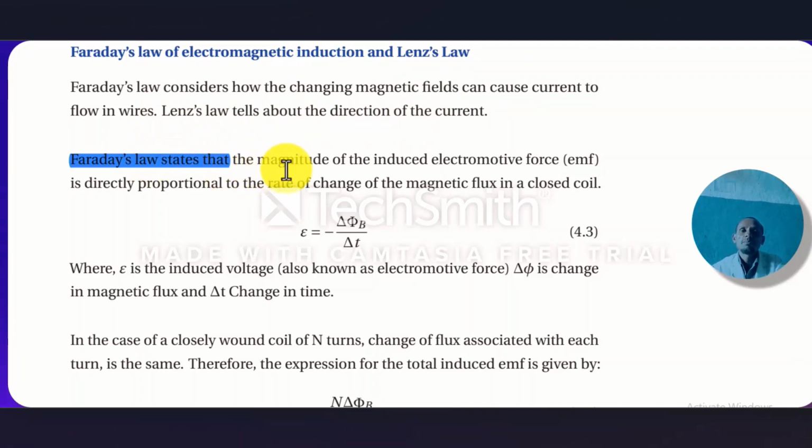Faraday's law says that the magnitude of the induced electromotive force, or EMF, is directly proportional to the rate of change in the magnetic flux in a closed coil. When we write the equation, E, which means electromotive force, is equal to minus delta phi over delta t, where E is the induced voltage, delta phi is the change in magnetic flux, and delta t is the change in time.